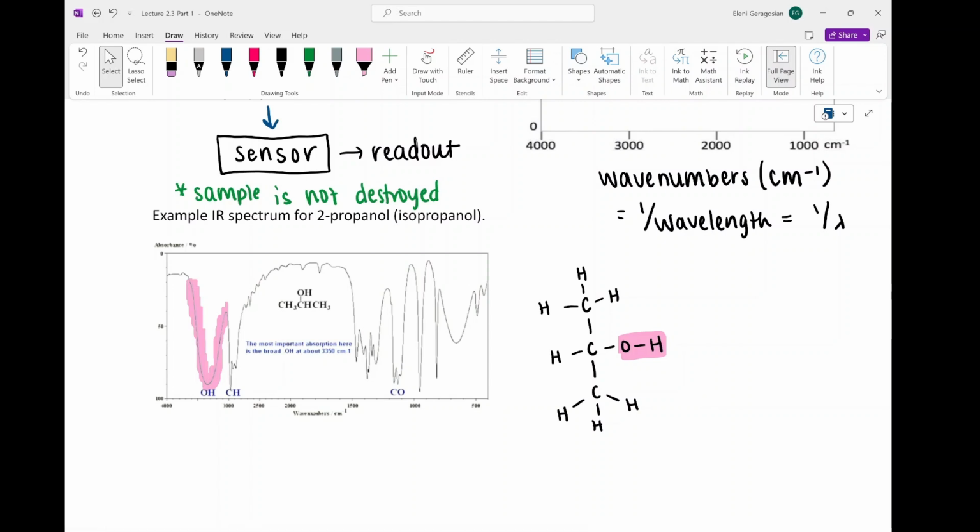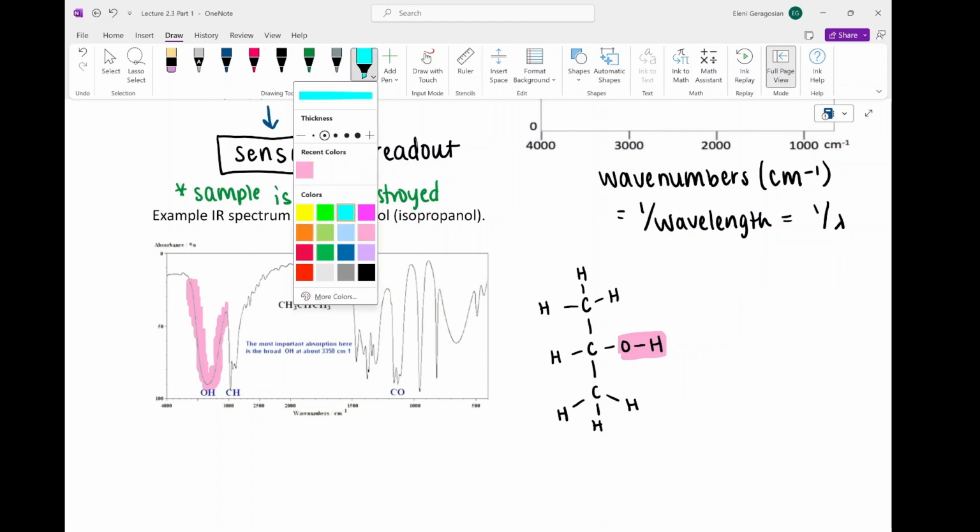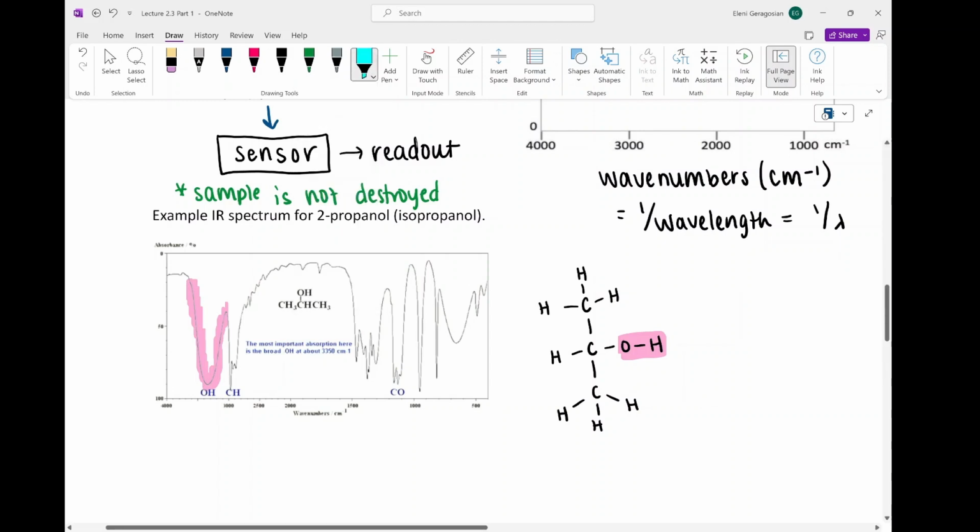Now, as I'm talking, I'm noticing that the y-axis here has a different label, and it's essentially the opposite of transmittance. So they say absorbance, percent absorbance. So I apologize if this is confusing. I think you'll mostly see transmittance. But what this is saying, notice that the top is 0.